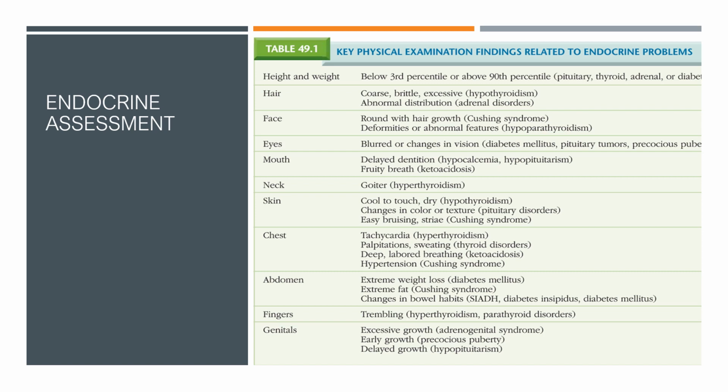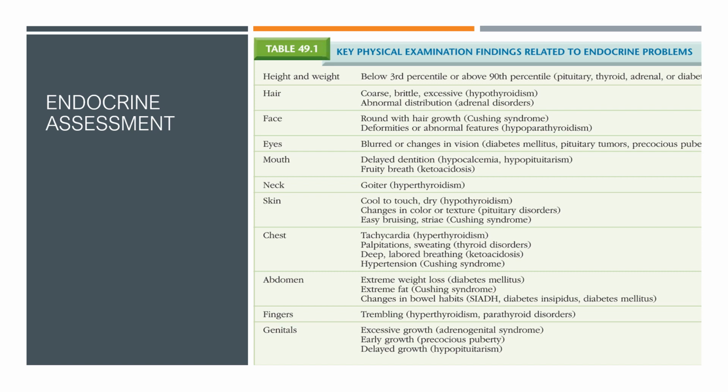Ketoacidosis can cause really fruity breath. Hyperparathyroidism causes goiters, and that's a big swelling in the neck. We're going to see different skin changes related to disorders like pituitary disorders, Cushingoid syndromes, or hypothyroidism.